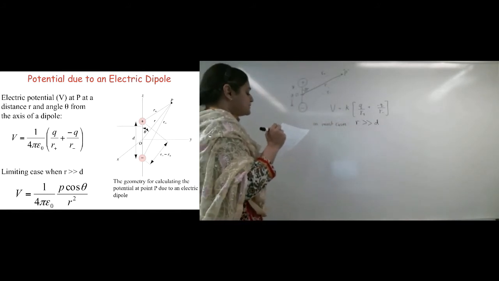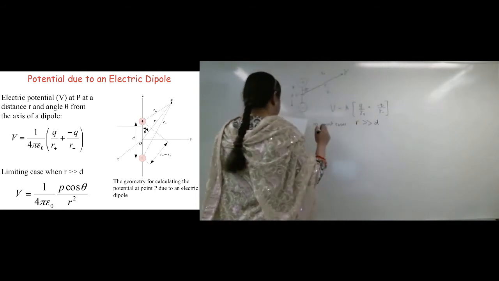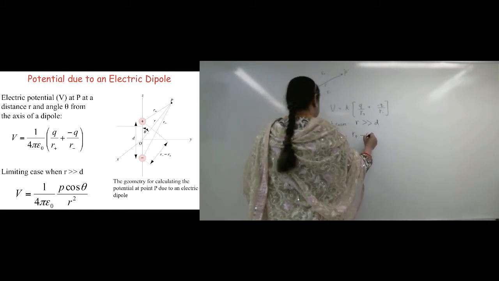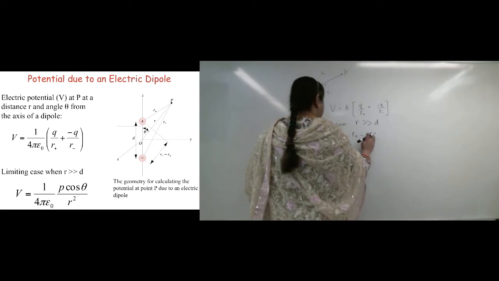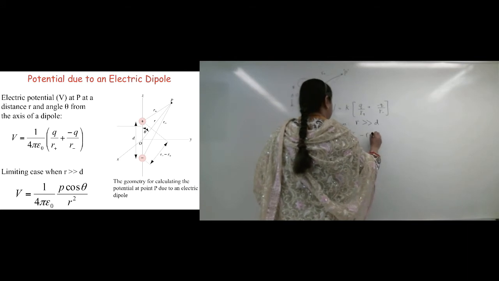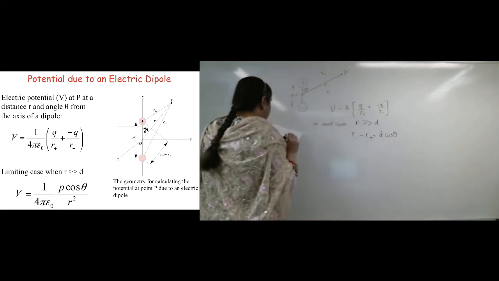So in fact, if this is much greater than this, then I can write r minus minus r plus to be approximately equal to d cosine theta. Okay, how do I do that?